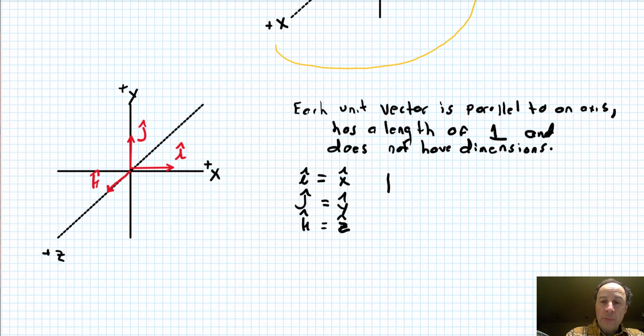And we can write what I just said above in terms of magnitudes. They all equal 1, right? The three are all perpendicular to one another.